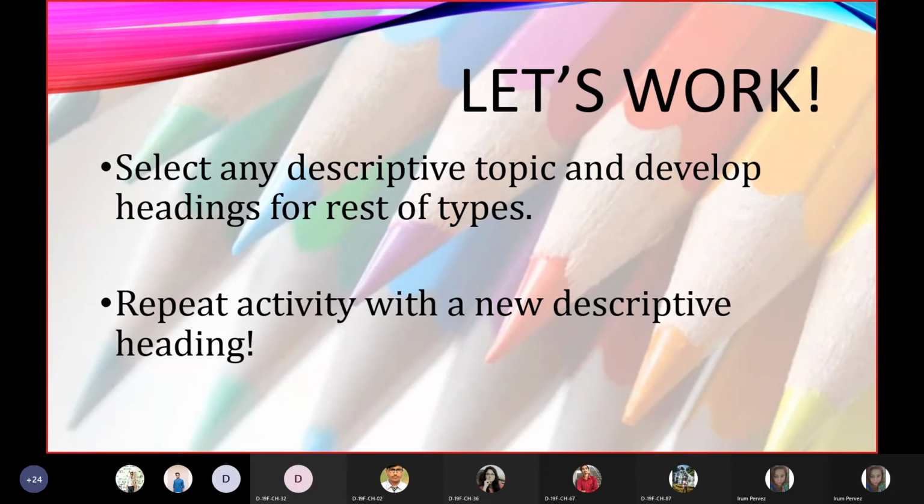Write three: comparison and contrast. Heading four: cause and effect. And then five: problem and solution, and heading. You have to select another descriptive topic and write it in the same way. Do it quick. As soon as I get your responses, I will be marking your attendance. So make sure you do it before 12.